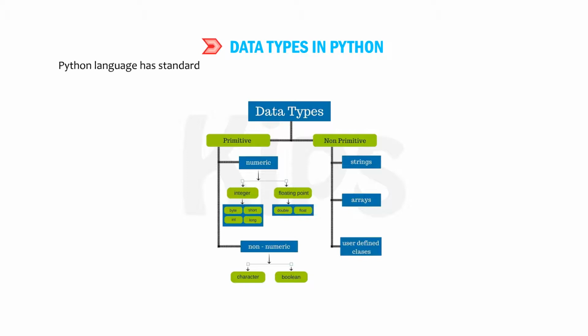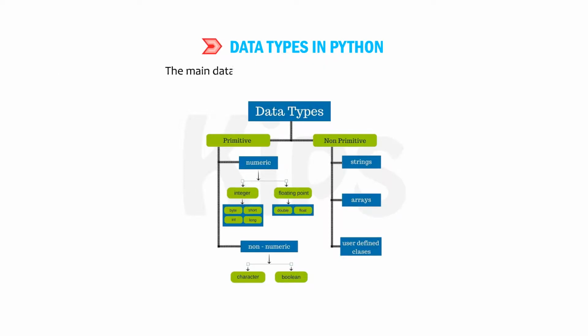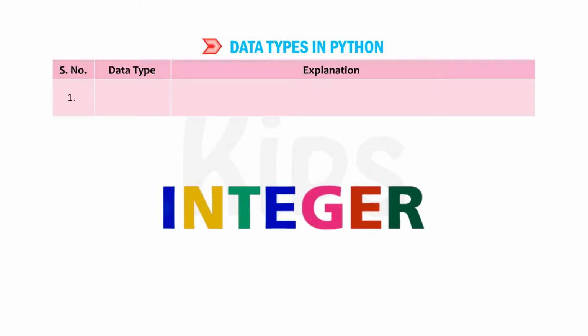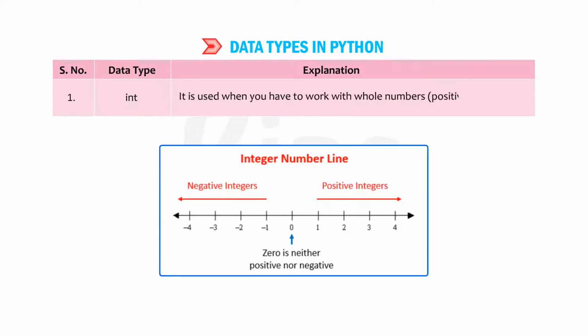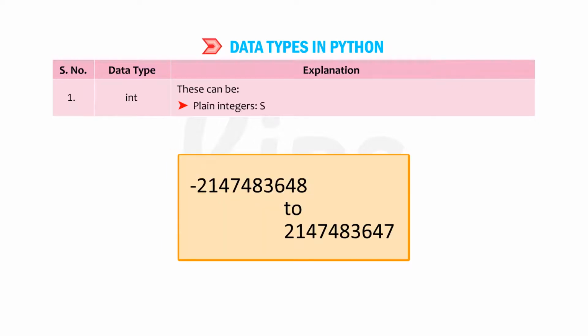Python language has standard data types that are used to define operations performed on them and the storage method for each of them. The main data types used in Python are given below. Serial number, data type, explanation. Number 1. Integer. It is used when you have to work with whole numbers, positive or negative. These can be plain integer, which store values in the range of -2147483648 to 2147483647.